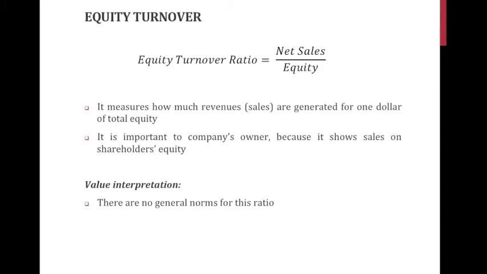One more indicator linked to turnover is equity turnover, and the equity turnover ratio is calculated by dividing net sales by total equity. It measures how much revenue is generated for $1 of total equity, and of course, as we are talking about the equity part, this indicator is primarily interesting for company owners or potential investors who would like to see what sales their ownership generates.